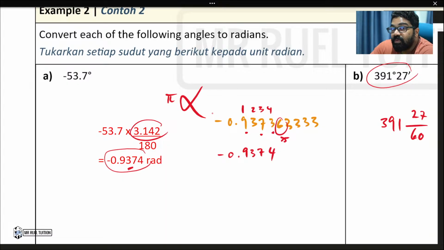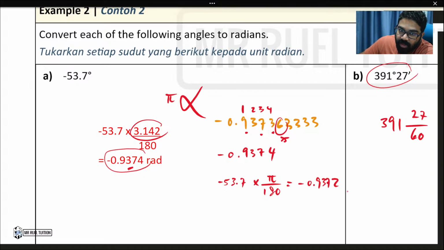Same for E also nanti. Okay. Don't ever use calculator symbols. Jangan. So if you use pi dalam calculator, okay, let me see what answer you get. Awak akan dapat, you will get negative. If you do negative 53.7 darab pi per 180, then you will get negative 0.9372. Salah.